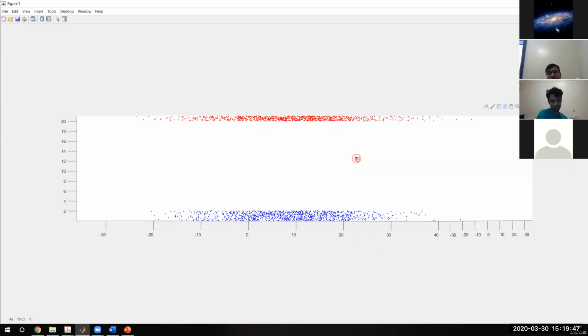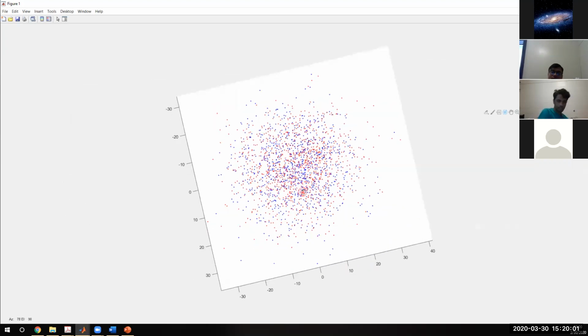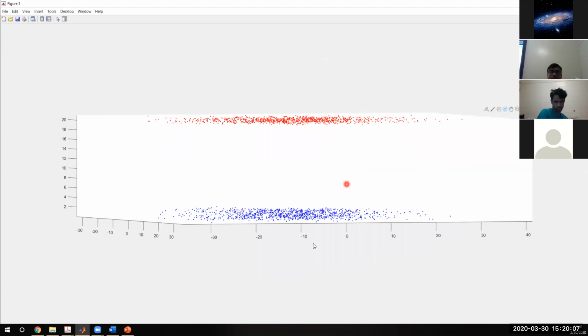That is the power of the coordinate rotation, and meanwhile reducing the dimensions. This data has 3 dimensions, but if we do it this way, we need only 1 dimension. For example, I create a line, something like this way.